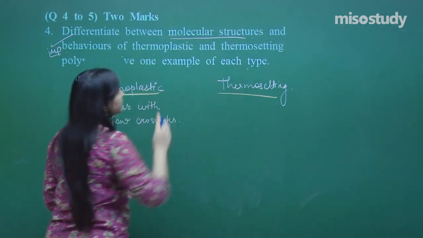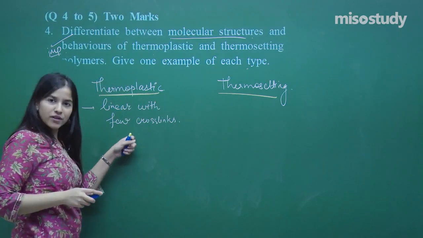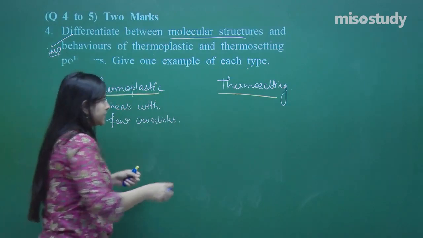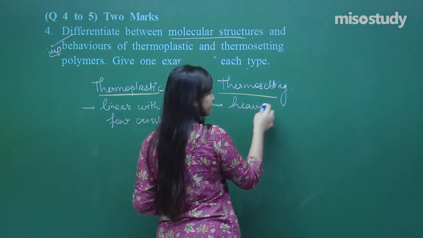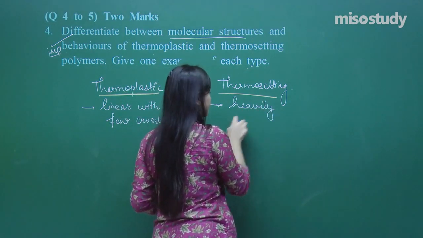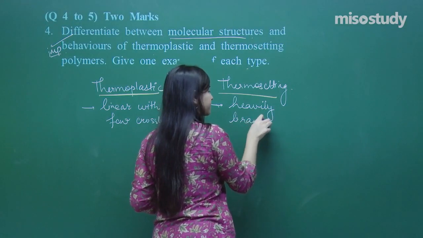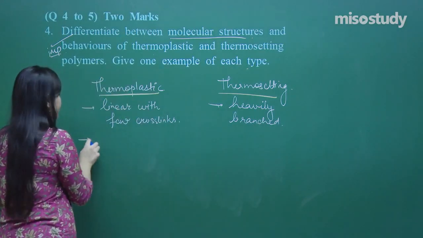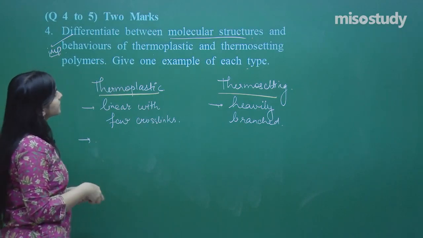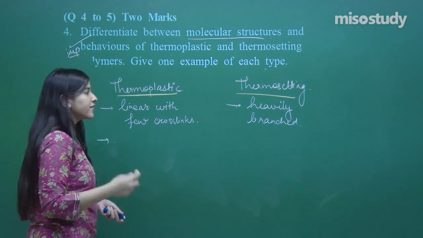I have denoted the type of structure over here. Here, for thermosetting, the structure will be heavily branched, fine. Clear about it? Now the next is the type of behavior they have.